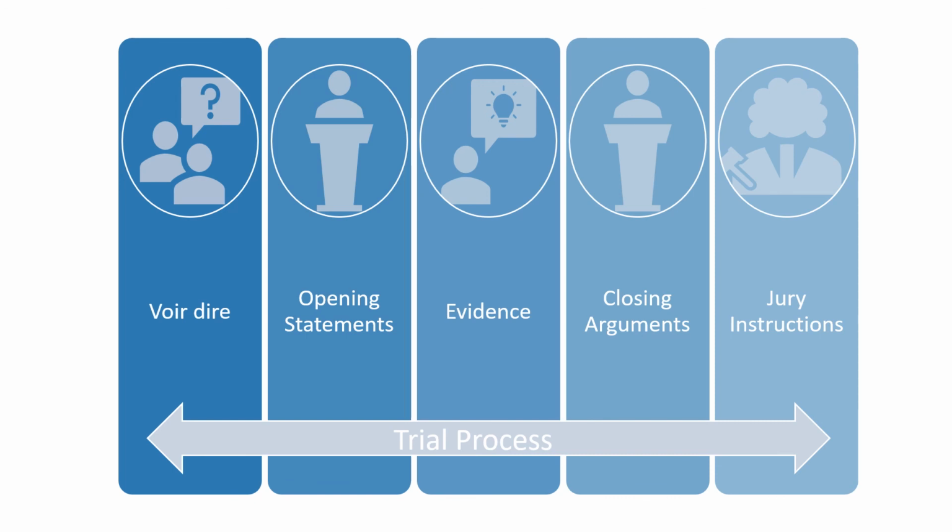So when the judge decides what law to instruct the jury on, this is an appealable issue. If the judge gives a jury instruction that you don't think was accurate, wasn't the right instruction to give, that would provide you grounds for appeal to the appellate court if your client loses.